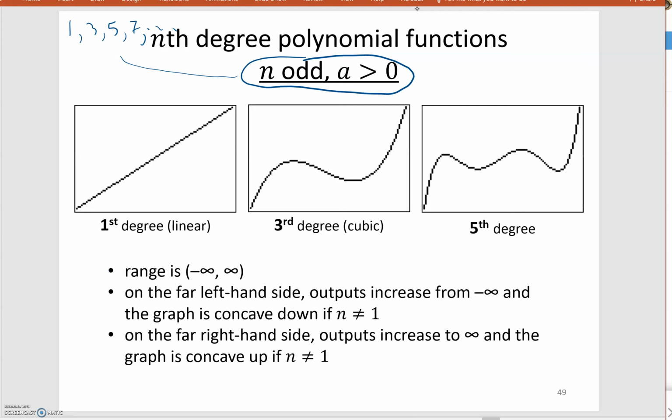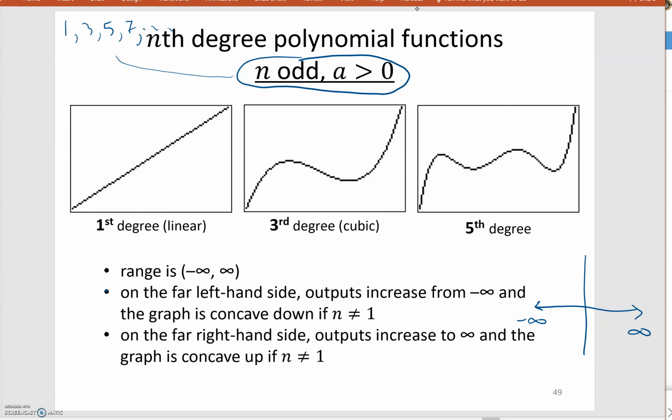Okay. What about the end behavior? So on the far left-hand side, you want to think about this as over here, we're over at negative infinity. That's the left-hand side, positive infinity on the x-axis, and here we have infinity and negative infinity on the y-axis.